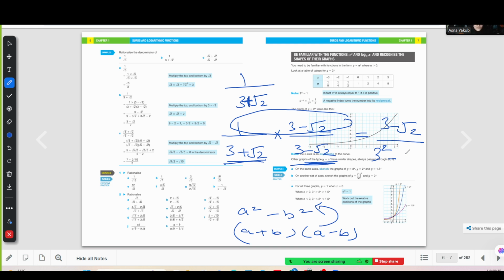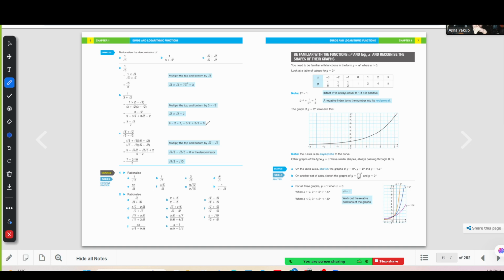Square root 2 square is just 2, right? So this will give us 3 minus square root 2 over 3 square is 9 minus 2, which is just going to be 7. So I'm going to write here 7. Now you can see in the denominator we don't have a square root, right? 7 without square root. This is what rationalize means.